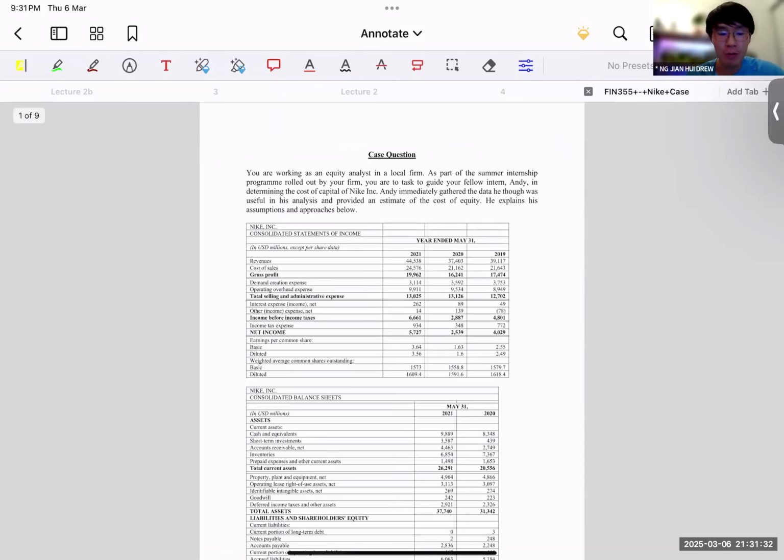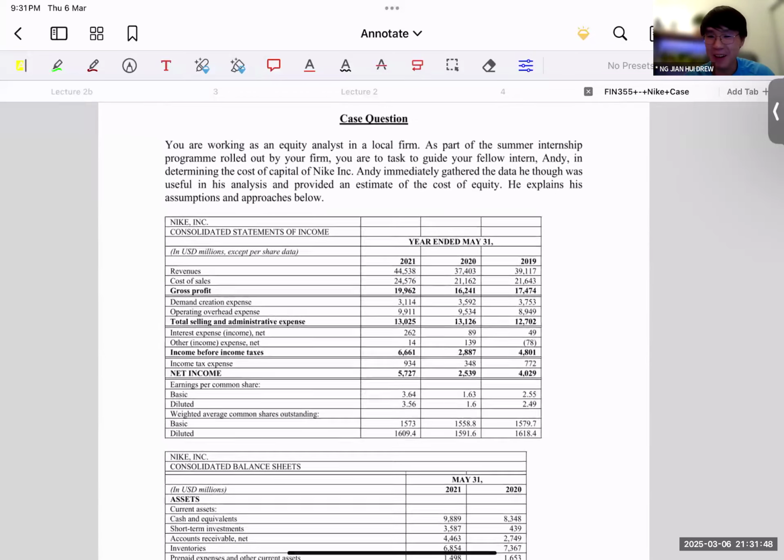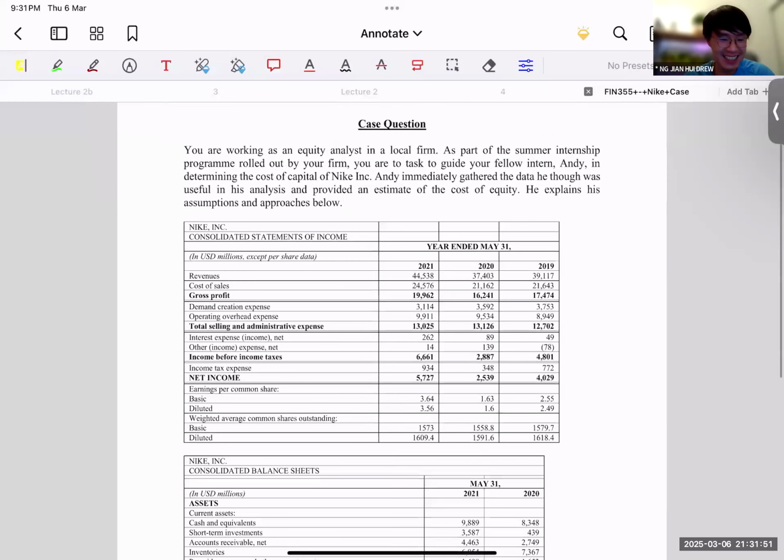Questions. Has anyone gone through the Nike case? No? Okay, one no. Anyone yes?